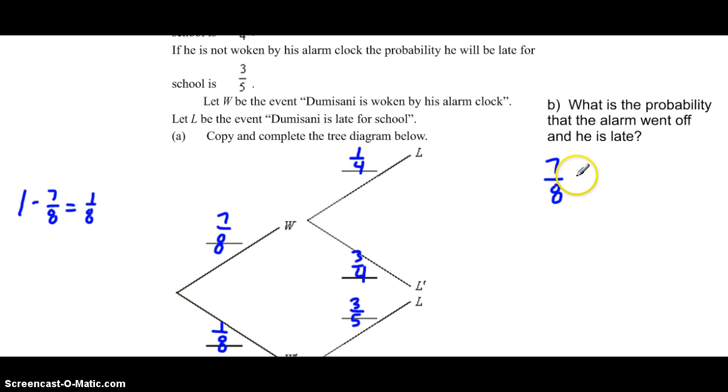So we have 7/8 times 1/4, and that would be 7/32. That's the probability that the alarm went off and he's still late. So not likely, but still possible.